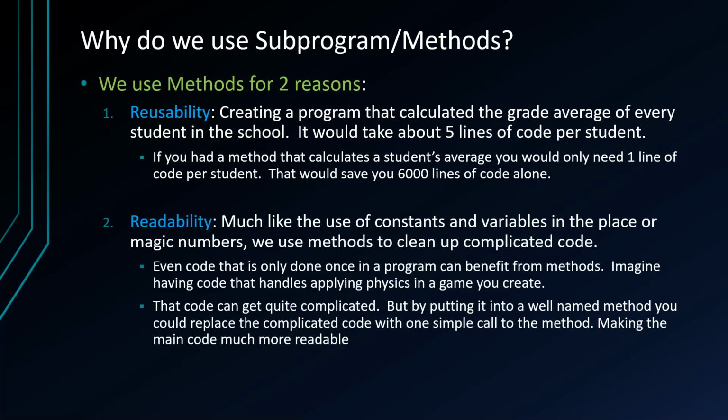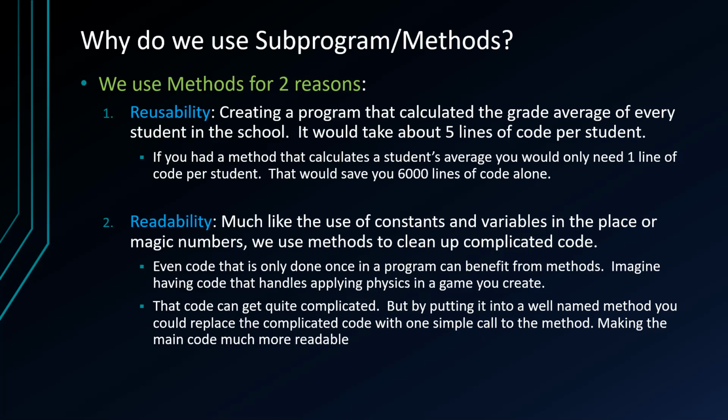So much like constants, we can take a huge chunk of indecipherable code. In constants terms, it's just a number that who knows what it represents. But in subprogram terms, we might have a huge chunk of indecipherable, ugly code that is really complicated. And let's say it's right in the heart of our program. And who knows how long it is?